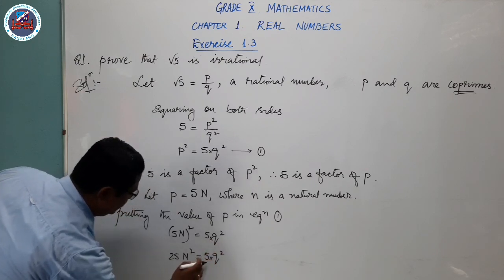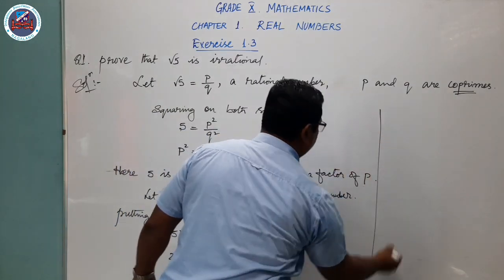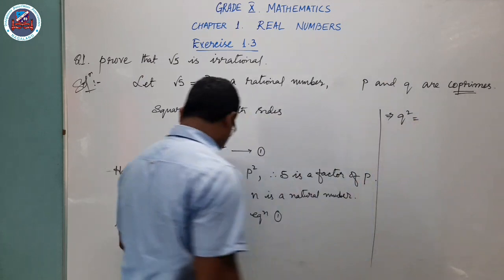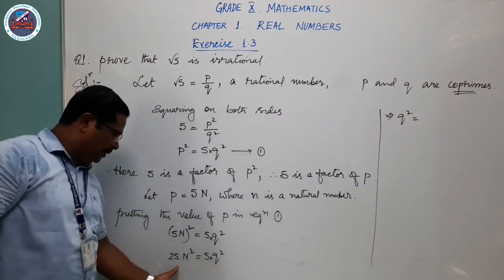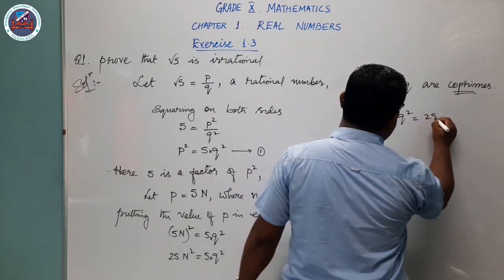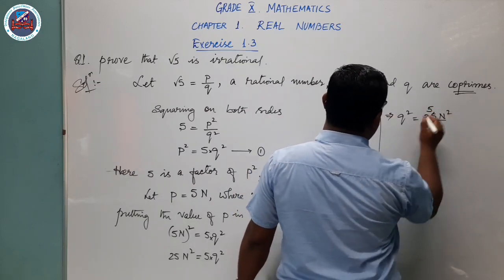Then you can bring the 5 to the other side: q square is equal to 25n square divided by 5, and 25 divided by 5 is 5.